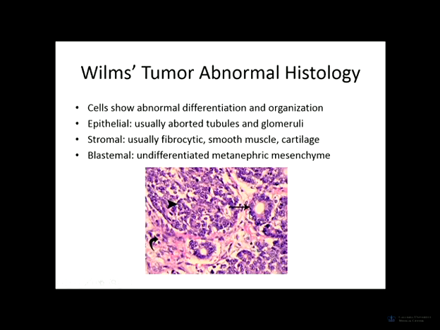Here is an epithelial tube. Here is a capsule that has undifferentiated mesenchyme. And here is stroma, smooth muscle components. So all of these within the tumor are disorganized and growing. So you have different primordial tissues growing together in a disorganized fashion.